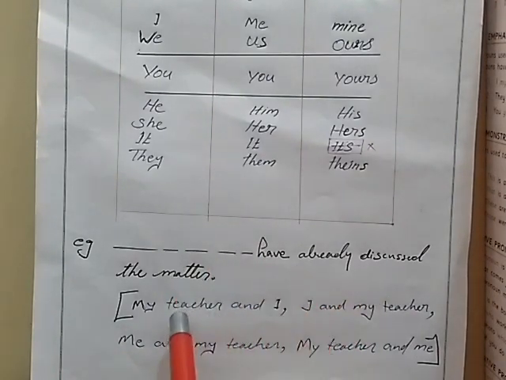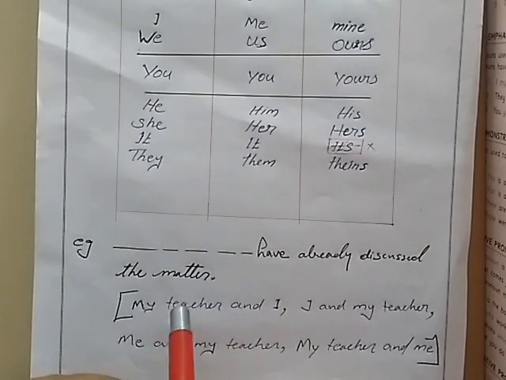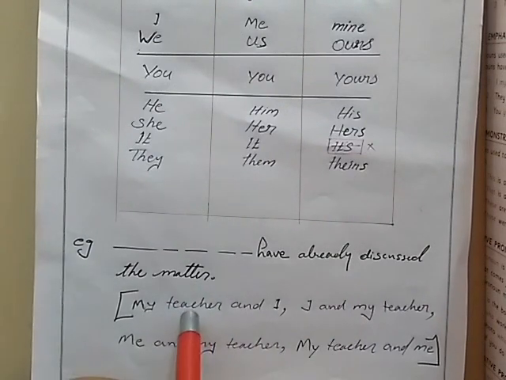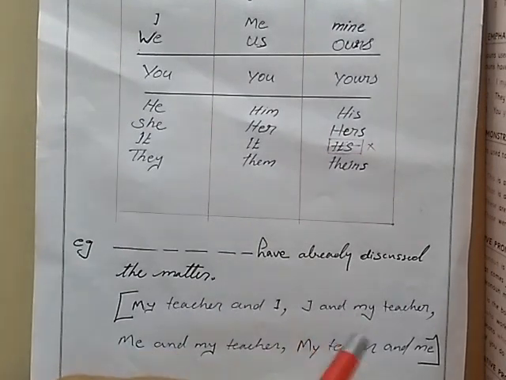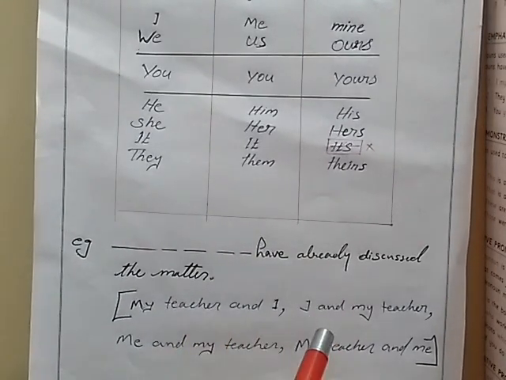Let us see this one also, my teacher and I. In this one also there is no problem, my teacher, she, and I. Out of these two we have to finalize the answer, my teacher and I, or I and my teacher.